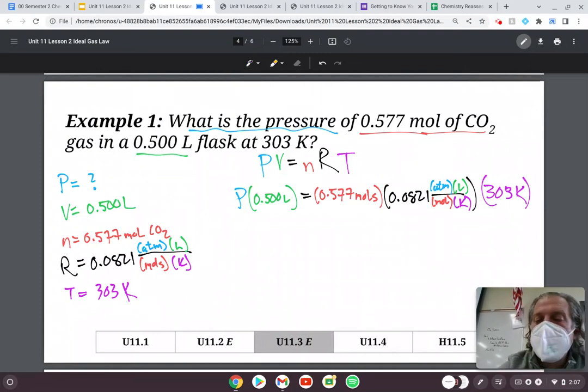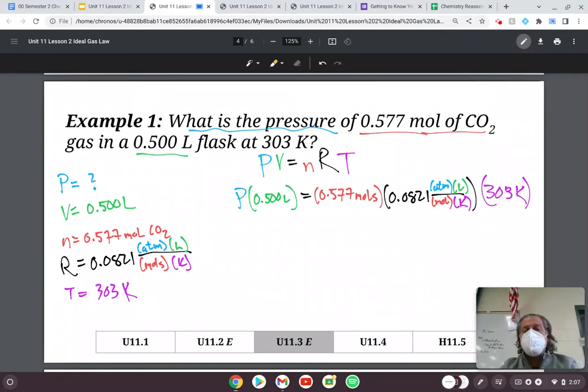So now all that is left to do is to combine things that I can combine. I'm going to grab my calculator and combine the things on the right-hand side. I'm going to take 0.577 times 0.0821 times 303.